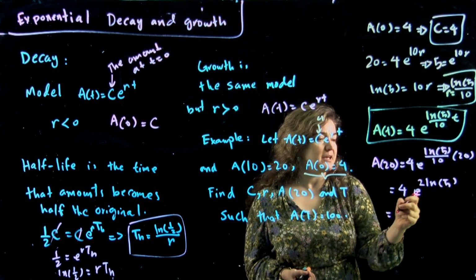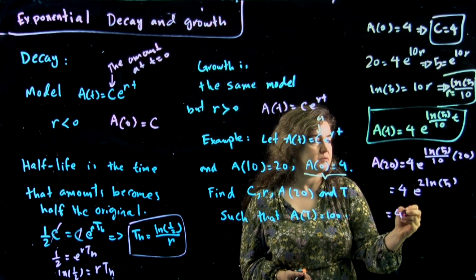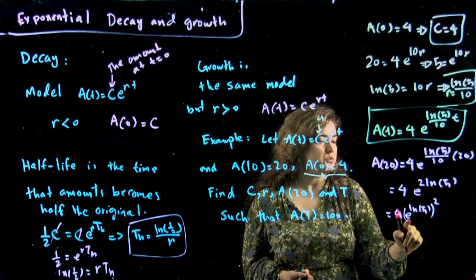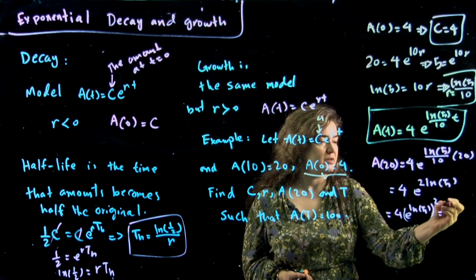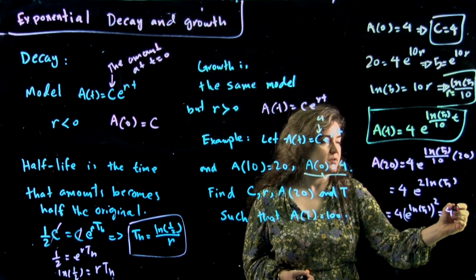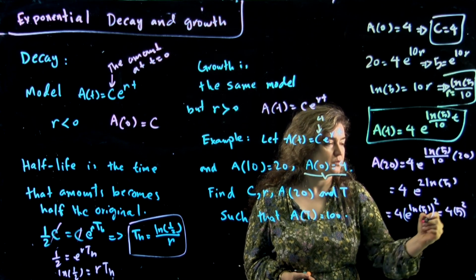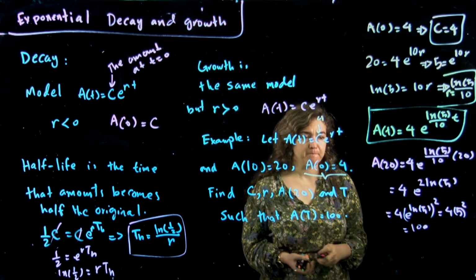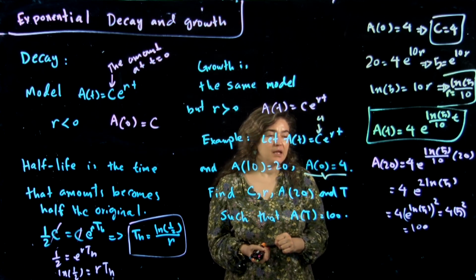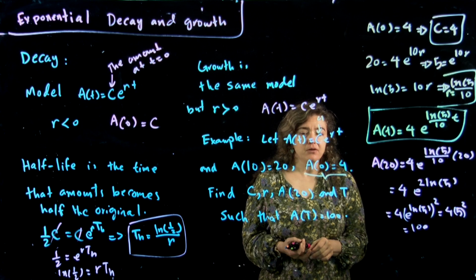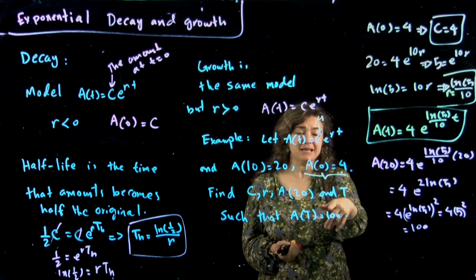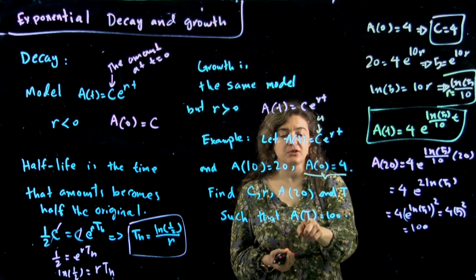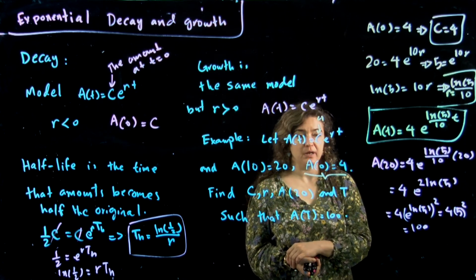I can simplify this because this is e to the power ln of 5, to the power 2. This part is 5. 4 times 5 to the power 2, which is 100. Now, the last part of this question is asking, find t such that a of t is equal to 100.